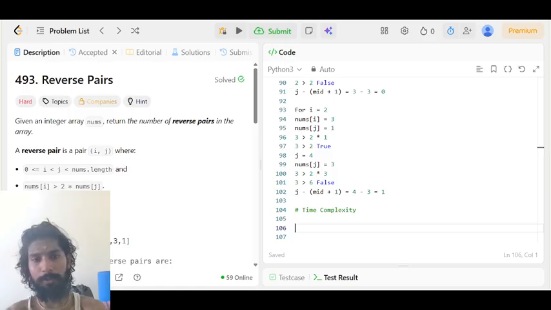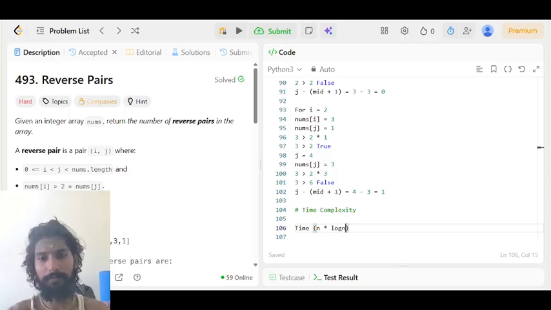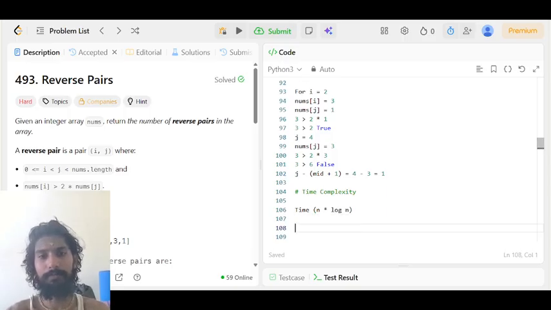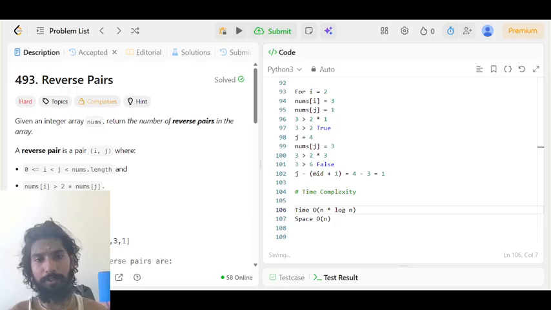So total time complexity is order of n log n. Now space complexity is order of n because we create one temp array for merging. And the recursion stack uses order of log n. But the main extra space is the merge array, so we say order of n.